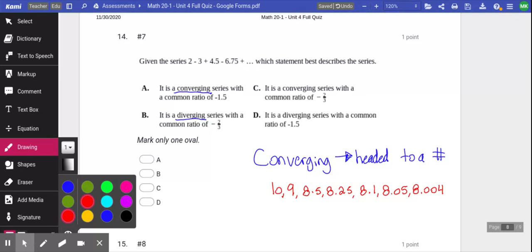See, I'm converging towards 8. I'm getting really, really close to 8. I'm not quite there, but I'm getting close to 8. That's called converging towards a number.